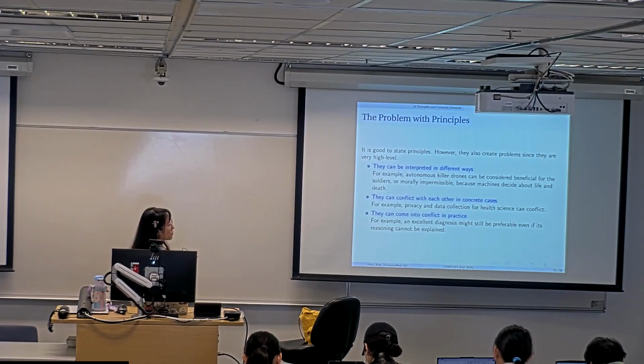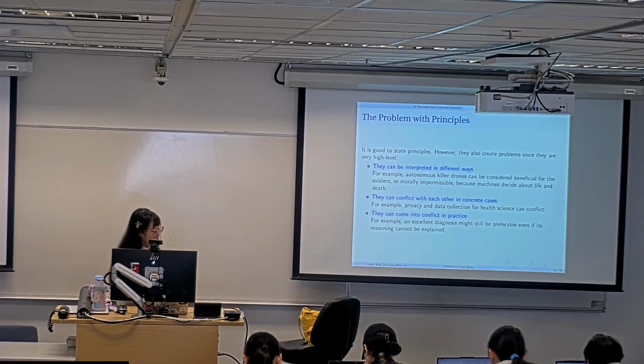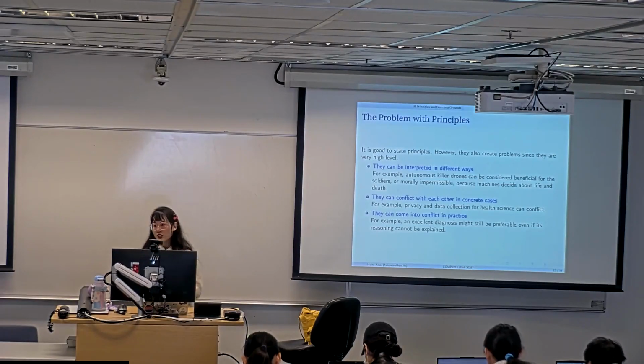The second problem is that they can conflict with each other in some concrete cases. These principles themselves just conflict. For example, privacy and data collection for health science can conflict. We know we should ensure all users' privacy. When patients go to the hospital, their health records should definitely be kept confidential. We need to ensure their privacy rights.